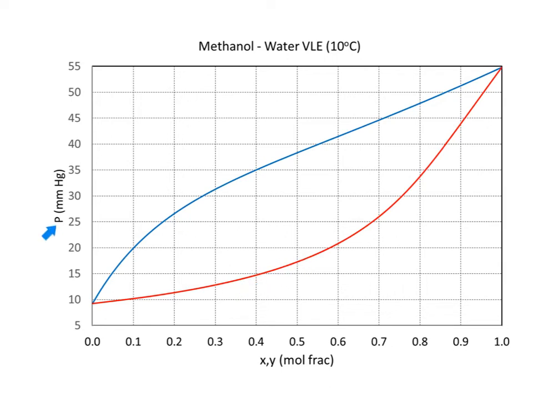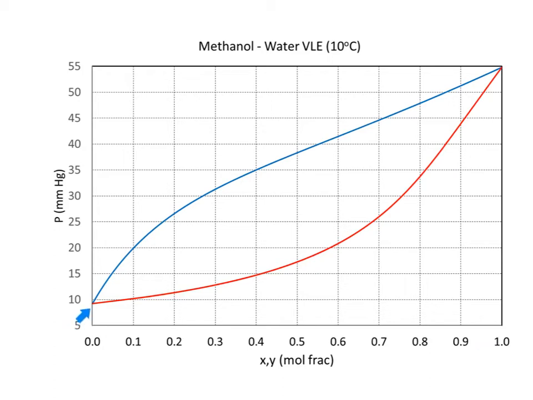Now this pressure is due to the vapor pressure of both the water and the methanol. And the scale here is for methanol, the lighter component. So this is 0 mole fraction methanol, 100% water. And over here it's 100% methanol, 0% water.